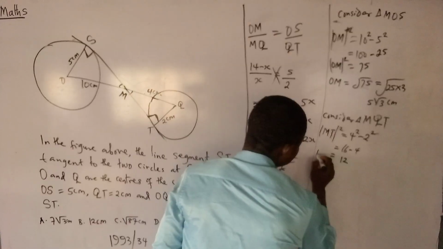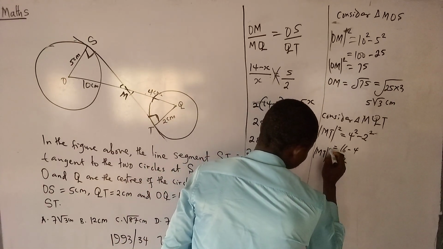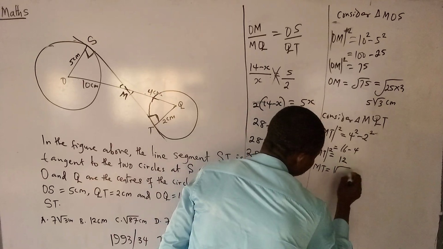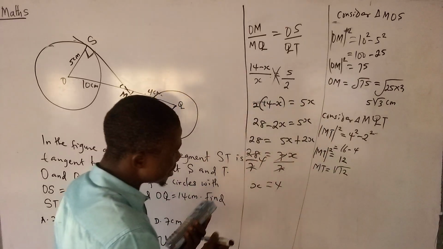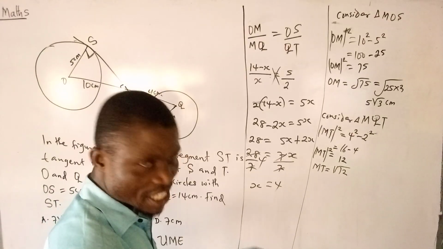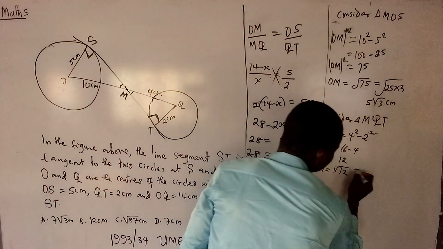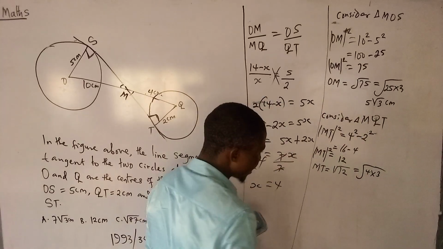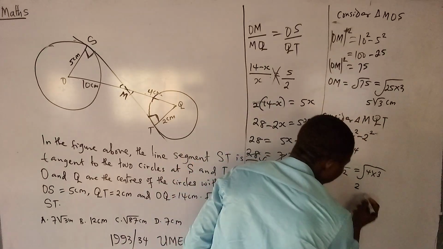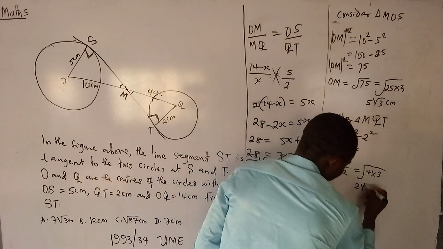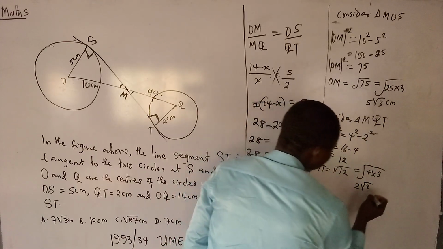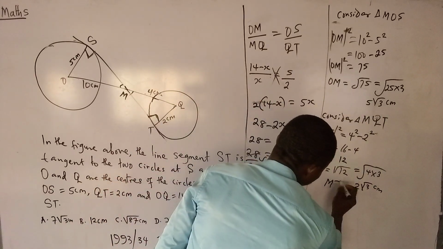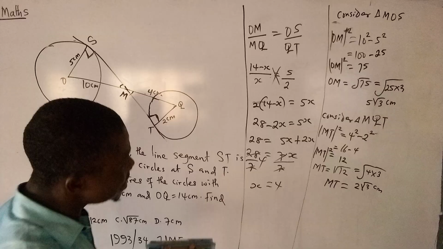So MT is the square root of 12, which simplifies to the square root of 4 times 3. The square root of 4 is 2, so MT is 2 root 3 cm.